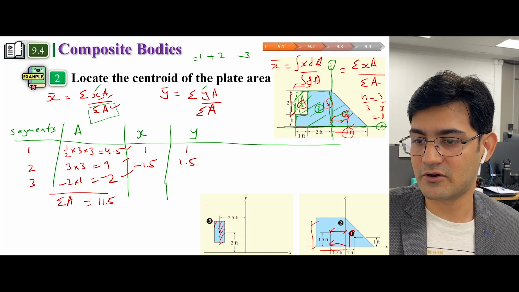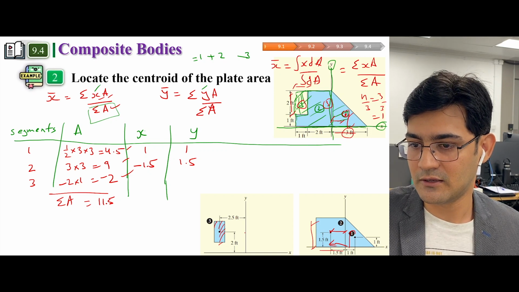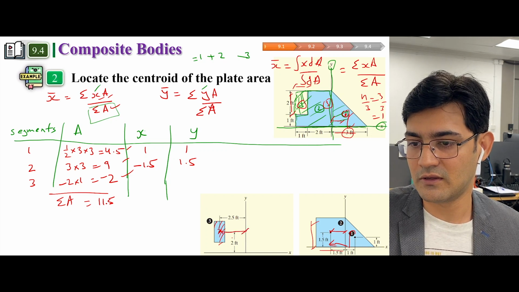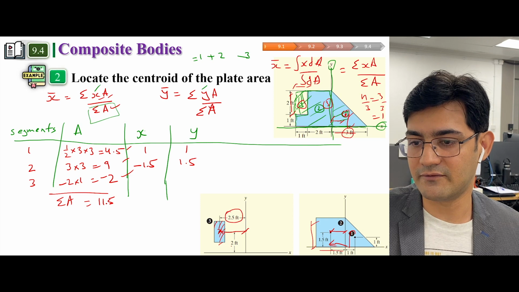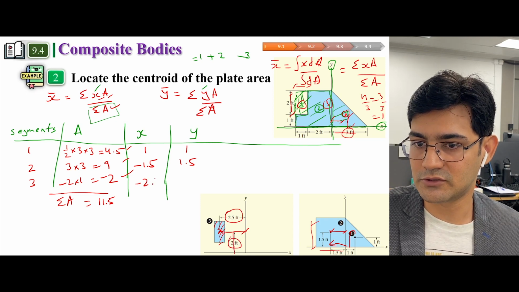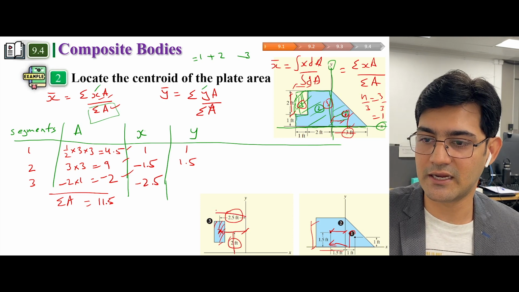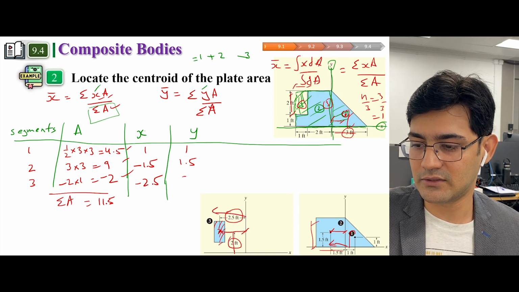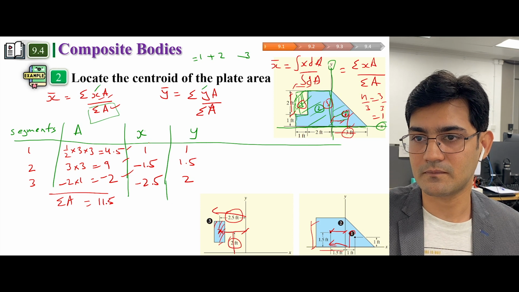And similarly for shape 3, from y what is the distance of centroid? The distance is 2.5, and from x the distance is 2. So we will put minus 2.5 because it's negative, and 2 which is positive.